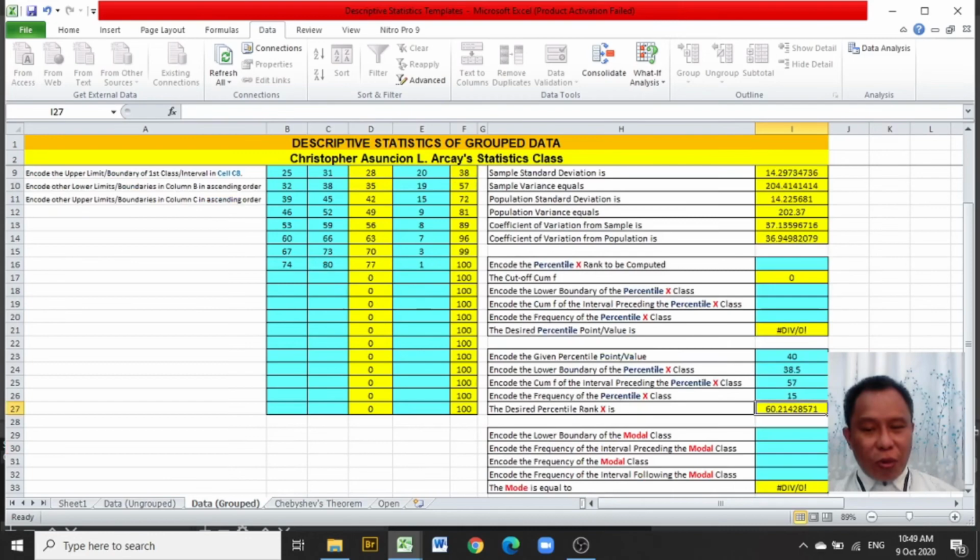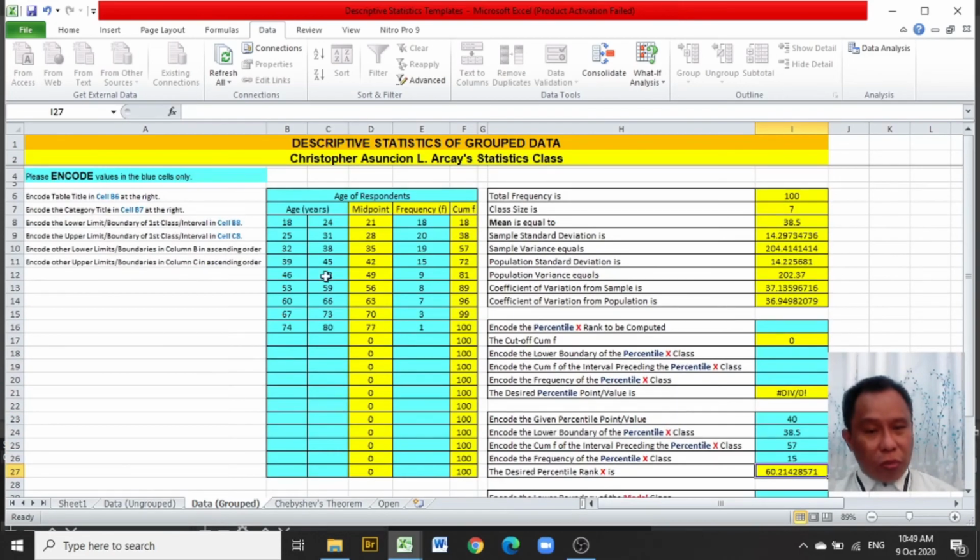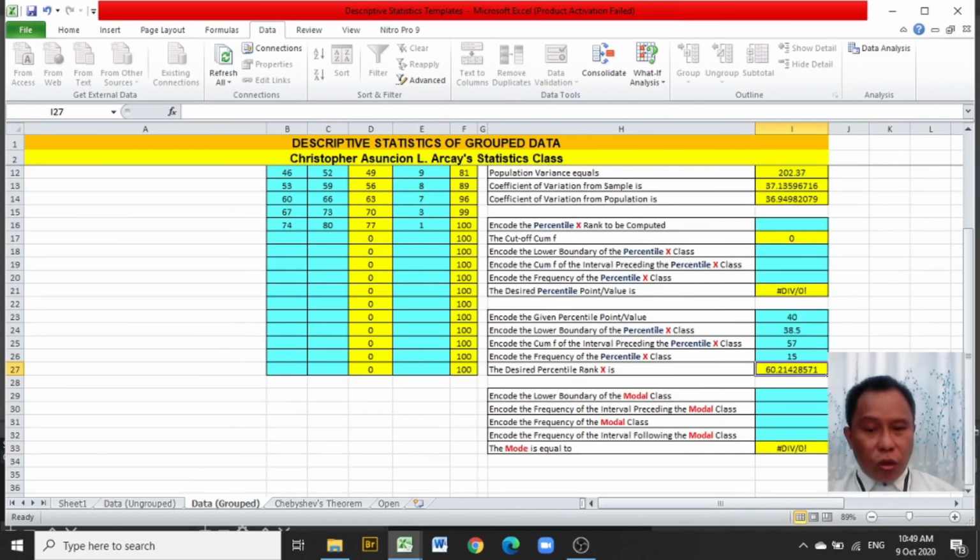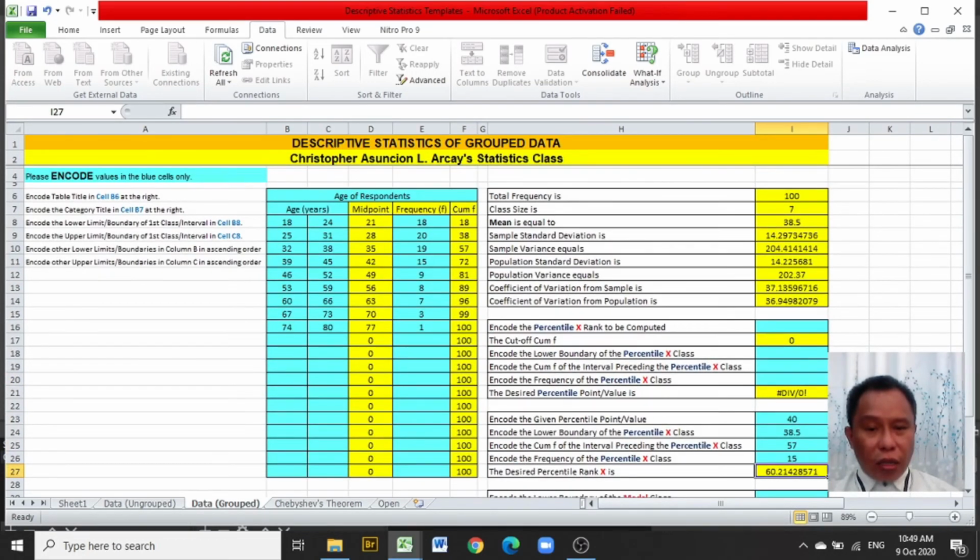The last to be computed is the mode. What is the mode of this group frequency distribution? To compute the mode, locate the interval that has the highest frequency. What class here has the highest frequency?